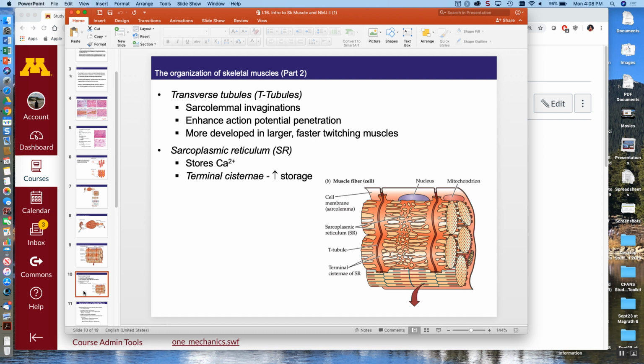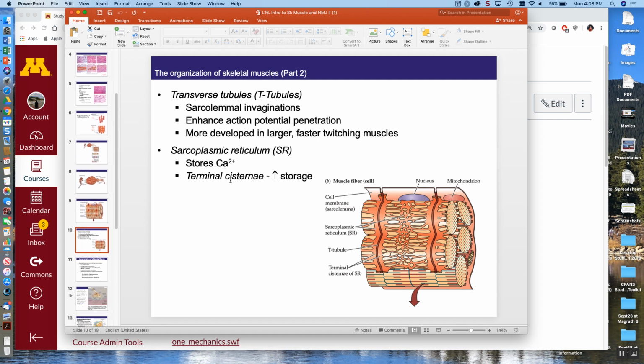Okay, so I'm going to try to put a few things together here too. Sarcoplasmic reticulum stores calcium, and the terminal cisternae increases that storage. Terminal cisternae is really important in muscles that have to react very quickly, like hummingbird wings.